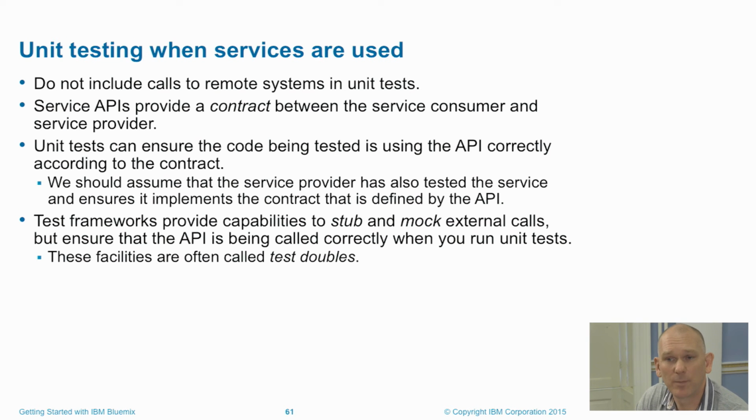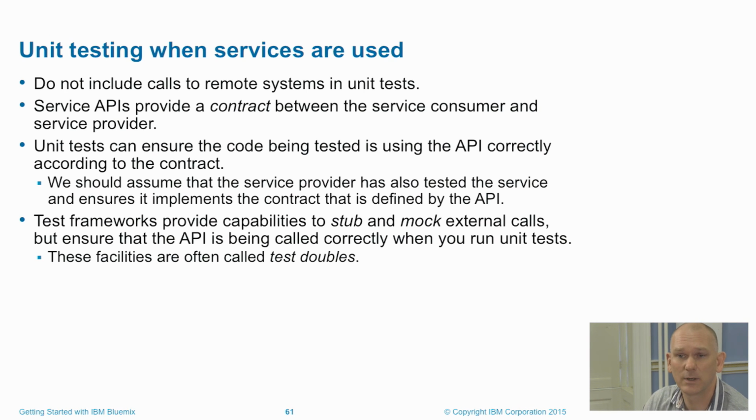One important thing to remember when you're using services is that you need to be able to test your code, and you don't want unit tests to actually go outside of Bluemix and test the functionality of the service. You can think of the public API as a contract.